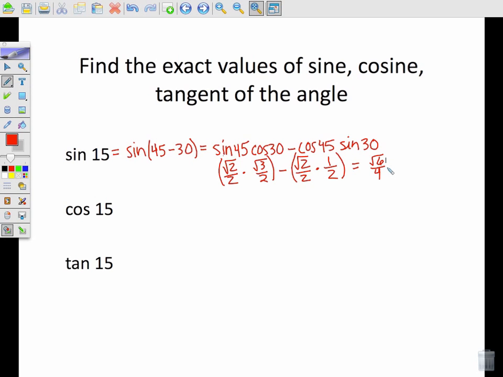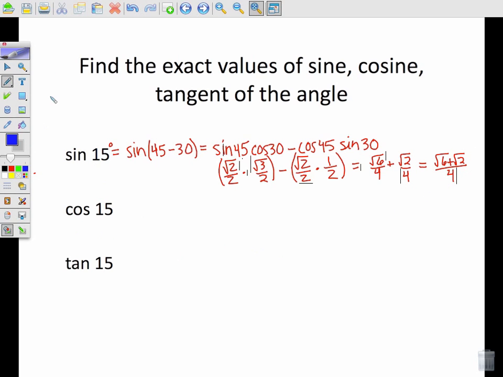So you got root 6 over 4 plus root 2 over 4, which ends up being root 6 plus the root 2 all over 4. So that's our final answer. Now this would give you the equivalent of sine 15 using degrees in your calculator. So that would be the decimal equivalent.